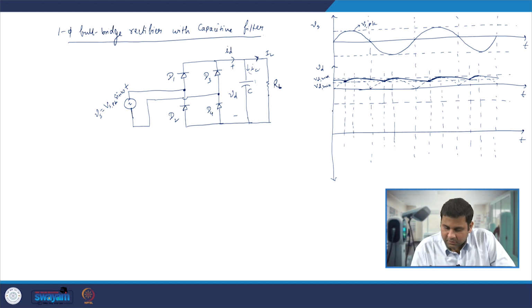So let us draw what will be the ID current. Now, as we see, from this point to this point is the place where the capacitor is discharging, so there will not be any ID current, only the capacitor will be meeting this value IL.